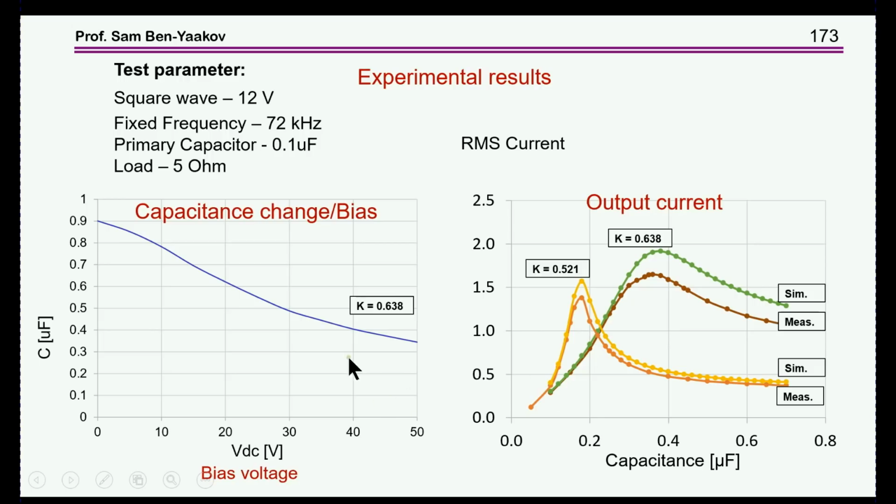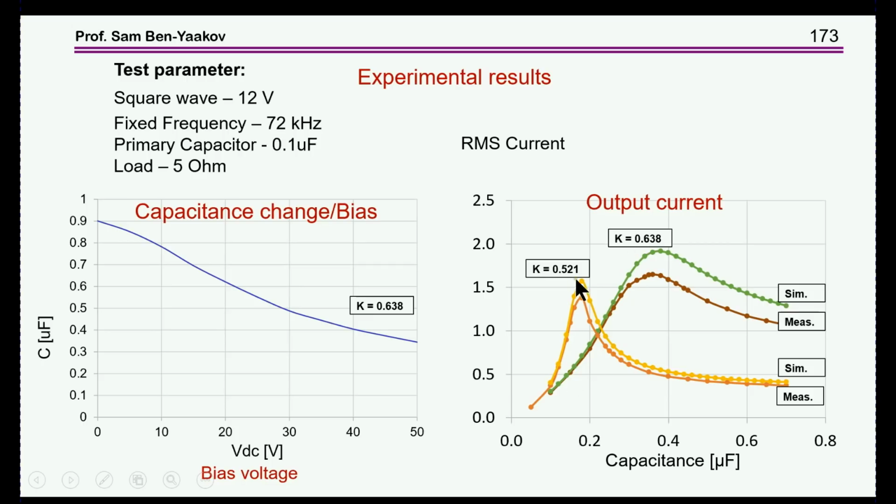And what we see here is the capacitance change that was required for this experiment, okay? And here are the optimization or the tracking. This is capacitance. This is for 2 different distances, which are translated into coupling coefficient, the 2 coupling coefficients.